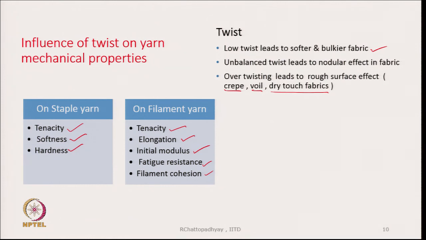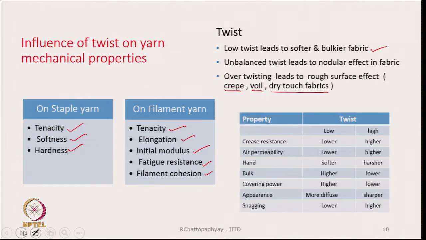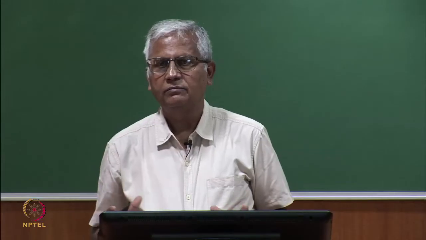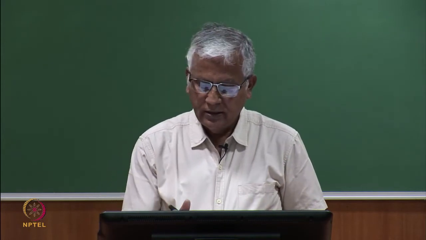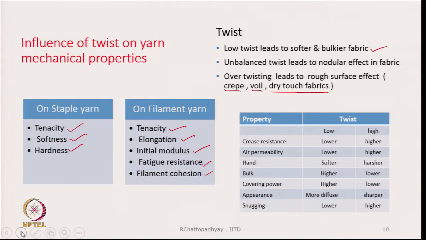In such cases, we over twist the yarn, and that gives a certain kind of characteristics to the fabric which customers like, and hence crepe fabrics are very popular, voiles are also very popular, and dry touch fabrics made from cotton are also very popular.